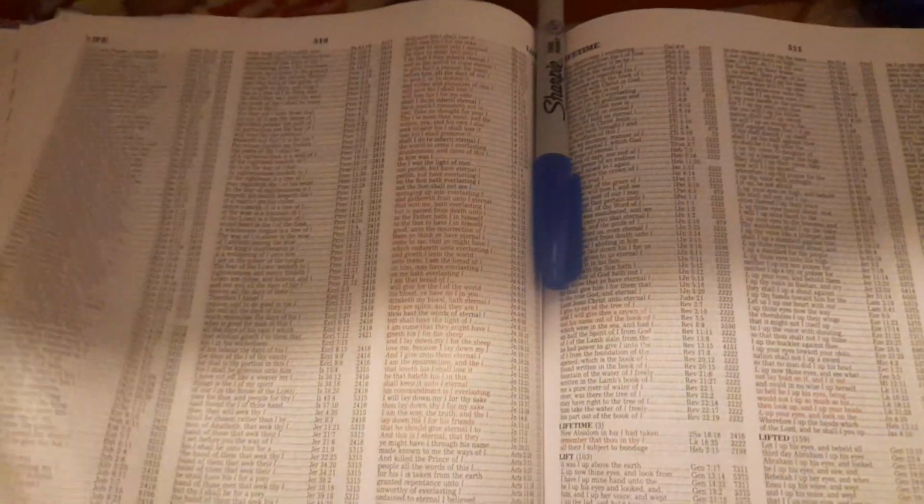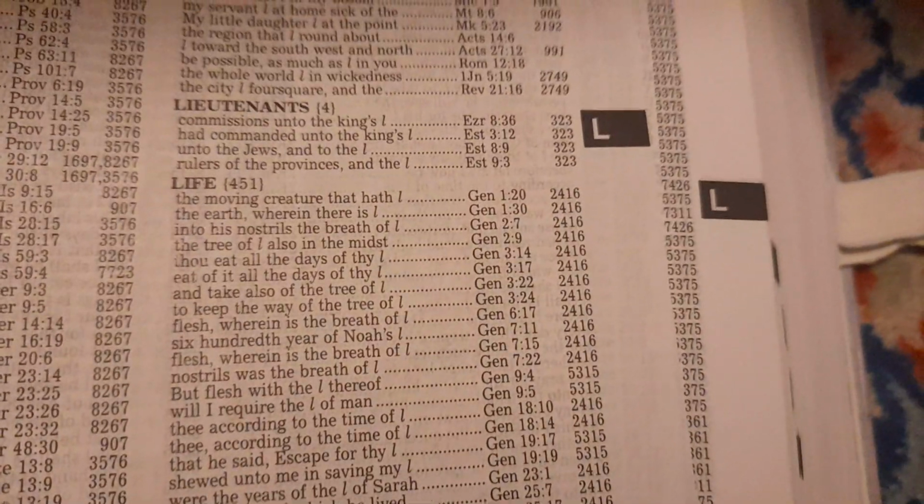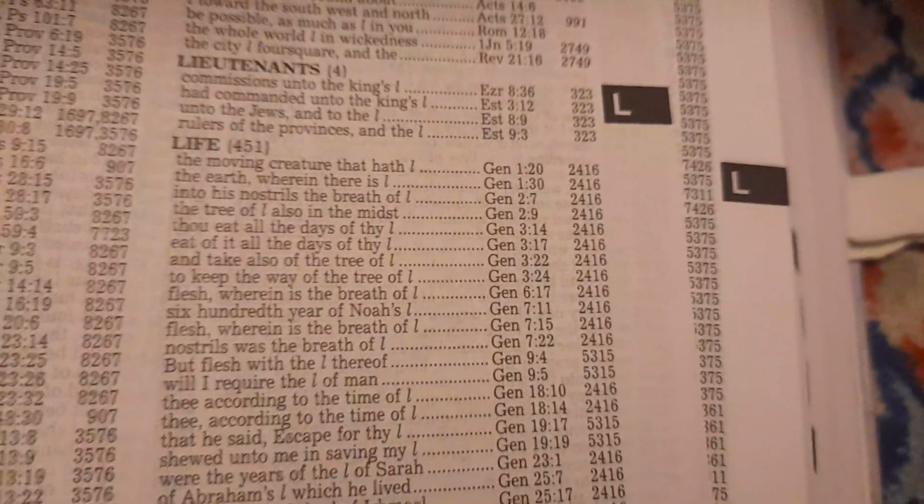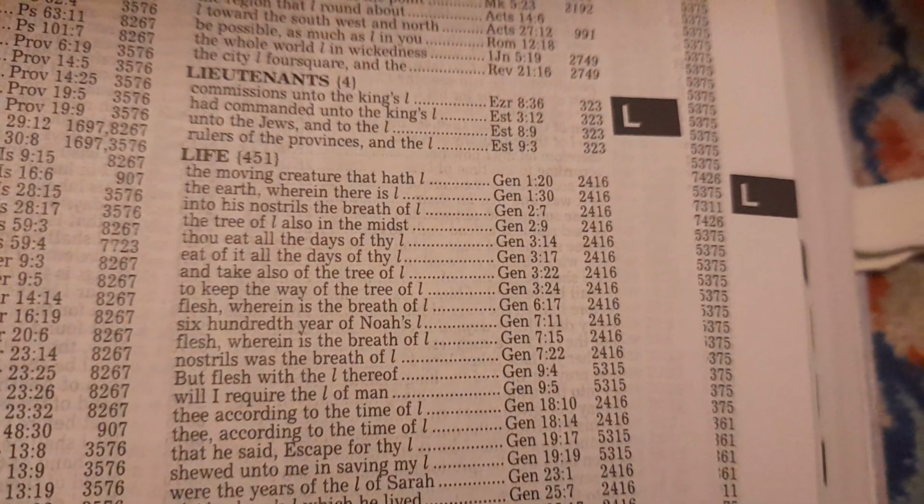I've got it marked, but I put a pen in between there so that I can find it quite easily. So you can see there, this is the word life. It gives you the Bible references where the word occurs and the concordance number. Sometimes it's the same number consistently all the way through.